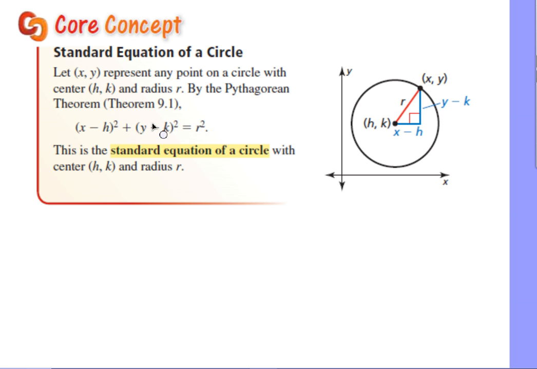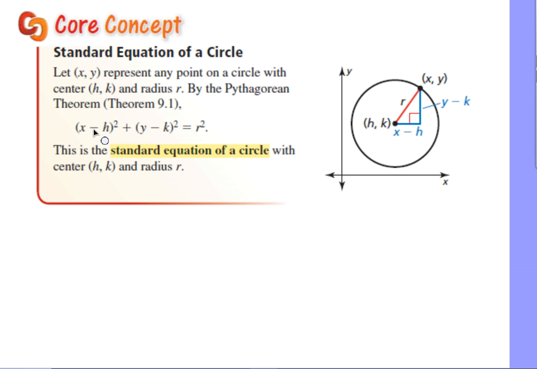This is all stemming from our Pythagorean theorem, but we have to account for the horizontal and vertical shifts from the origin. That's what h, k represents: the center of our circle.